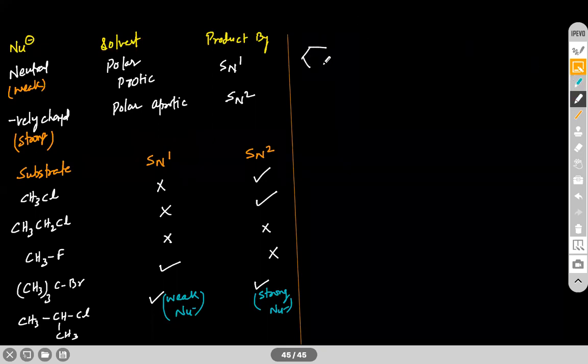What happens in this molecule? Could you tell me, SN1 or SN2?